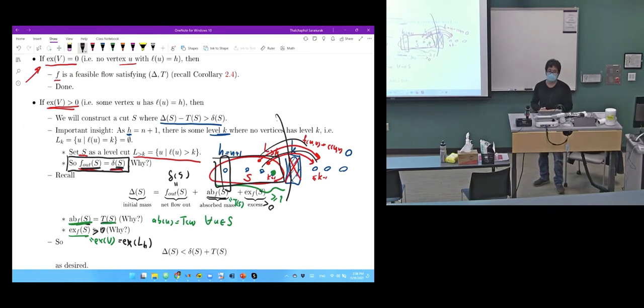Can it be the case that the top level also has 0 excess? No, because the reason that we move a vertex to the top level is because it is active, and when it is active, it has some excess, right? When you move it to the top level, you never touch it again, so the excess remains there.